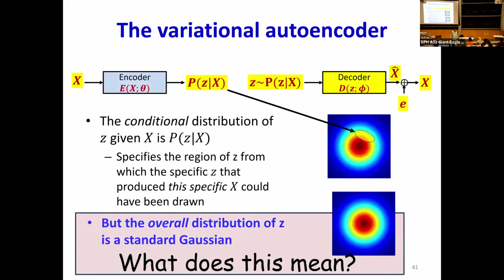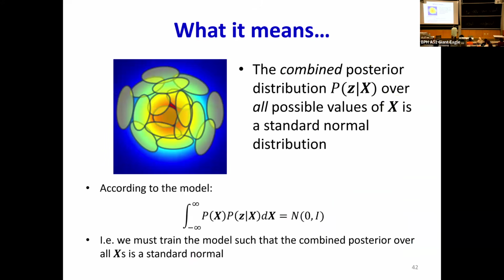And so what does that mean? It means that if you look at the conditional distribution of z's over all possible faces, cumulatively, they've got to look like a standard Gaussian. Does that make sense? Right? So, which means that if I integrate P of z given x over all possible x's, where some x's are more probable than others, this has to be a standard Gaussian.